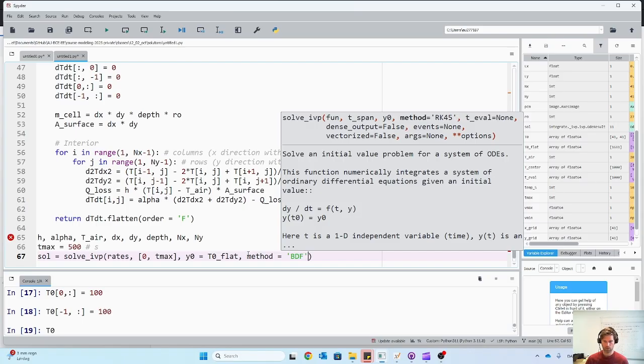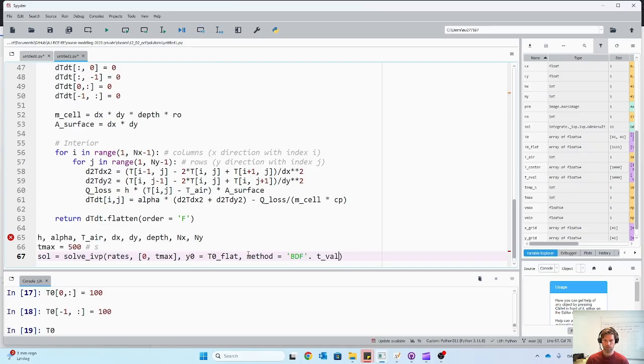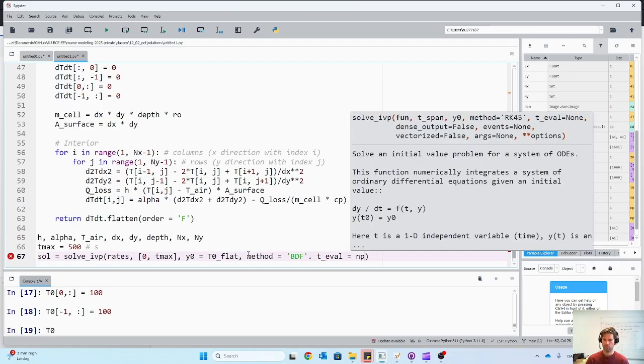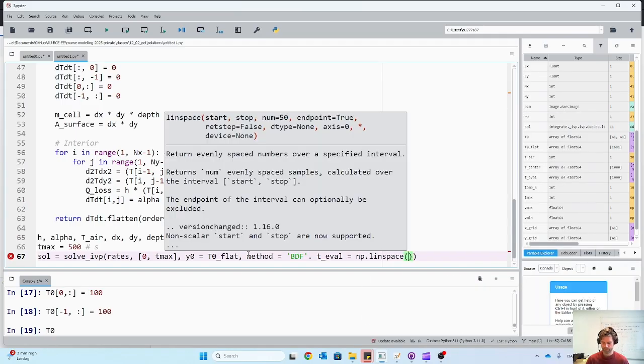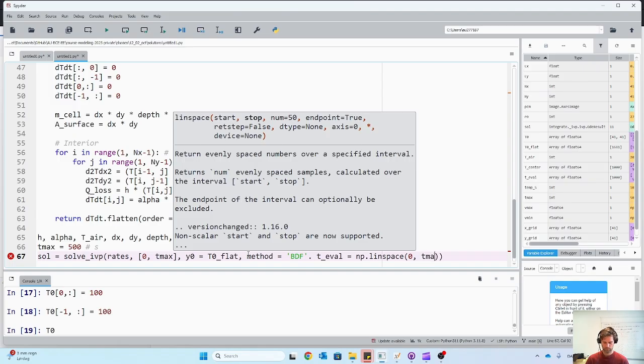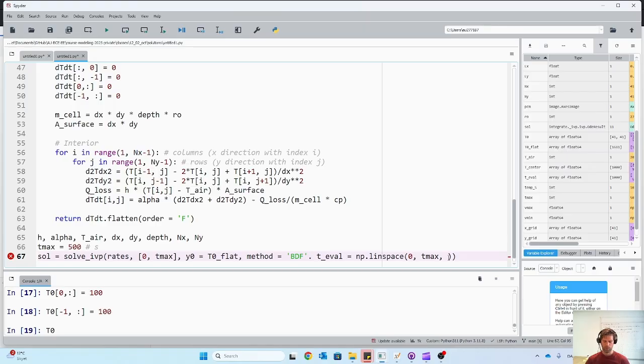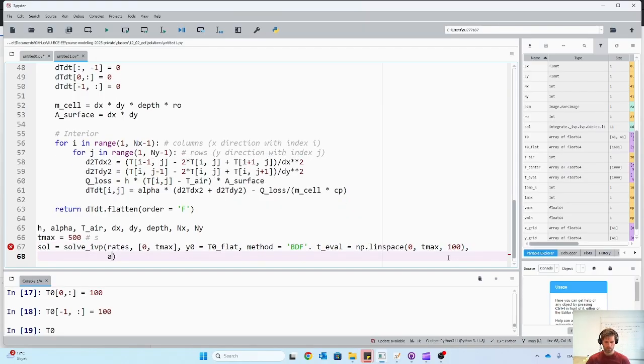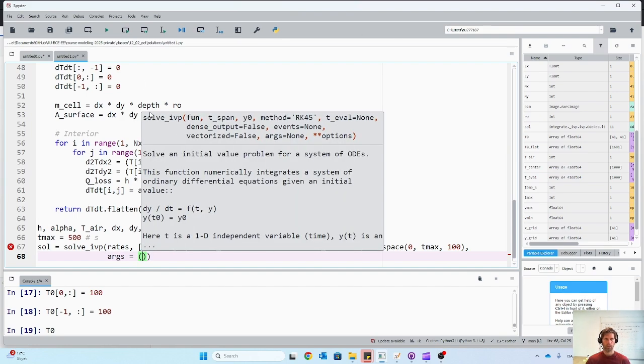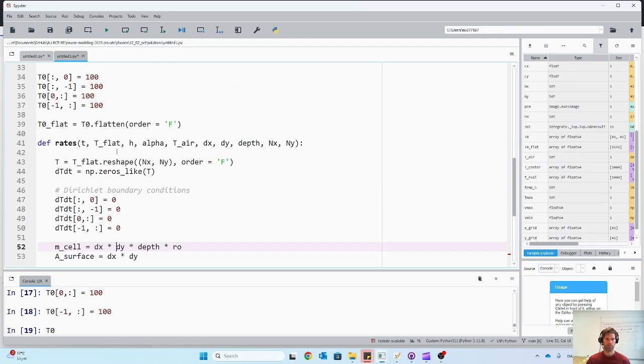We'll use the BDF method here. T eval will be equal to the linspace and width 100 points. And then we will pass the arguments and we will just copy from up here.